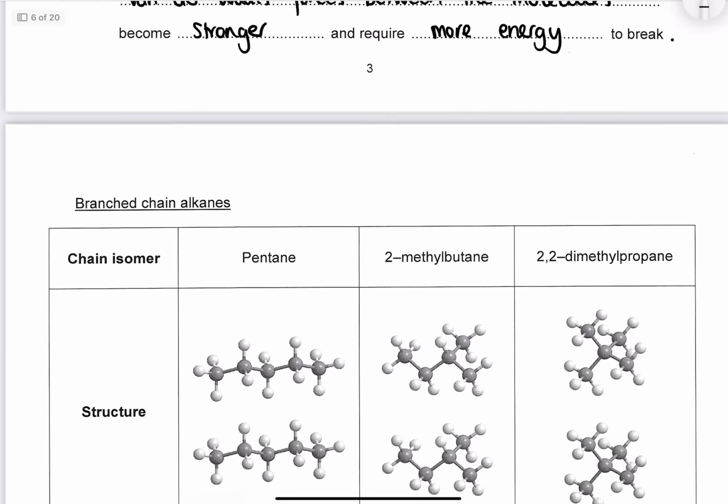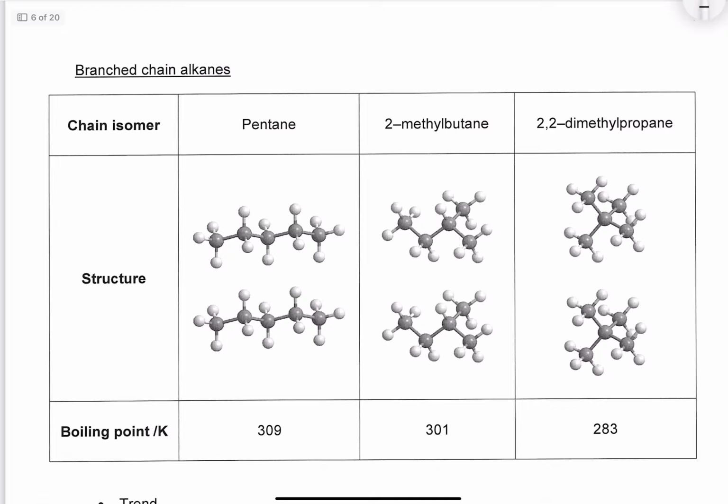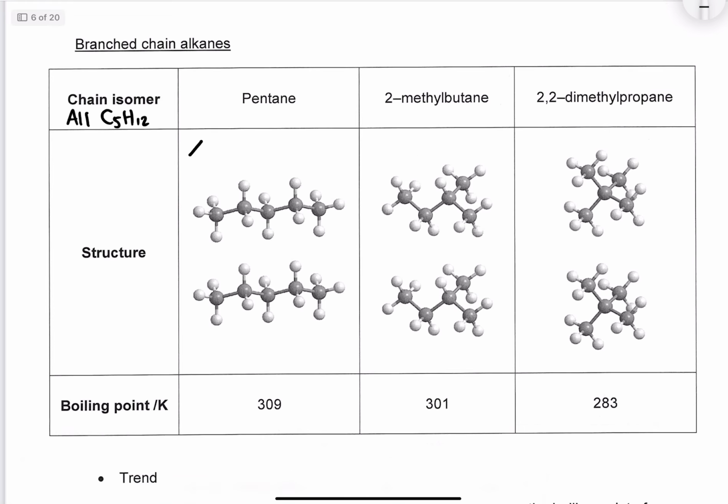Our next thing is looking at the shape of the alkane. These are isomers, so they're all C5H12. We've got pentane, which is a straight chain, and as we have many pentane molecules, they're going to line up perfectly with each other. It's like flat Lego pieces.